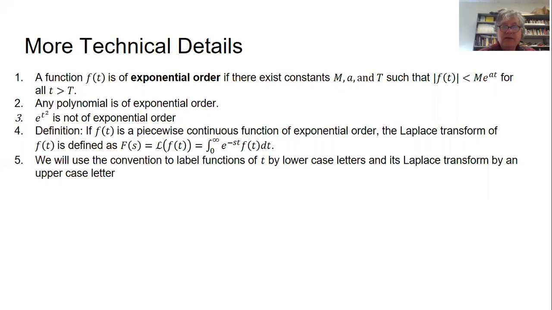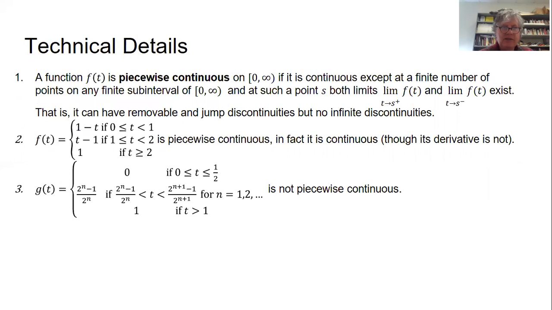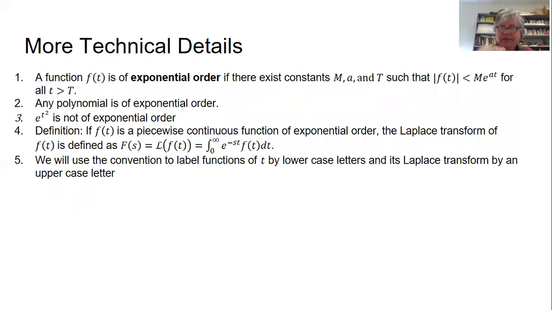In fact, you can see that it's actually going to converge for more functions. For example, the function I mentioned before, the infinite little step function within this unit interval, would have a Laplace transform. We're not going to worry about those.